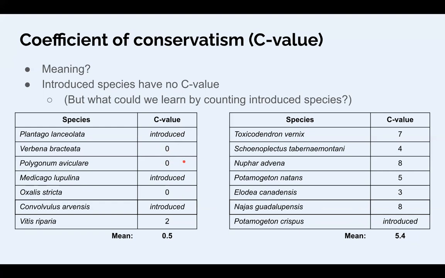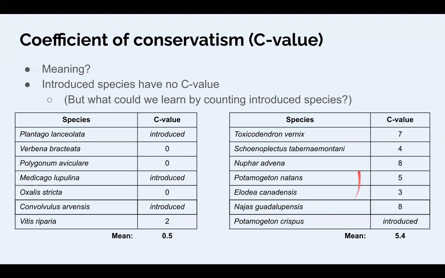So our native species here, Verbena bracteata, Polygonum avicularia, these have zeros. So very likely to be in places that are modified by people. They're still native plants. And that brings our average down. If we take these 4 native species in this category, 3 zeros and a 2, the average of that comes out to a 0.5, again on this scale from 0 to 10.